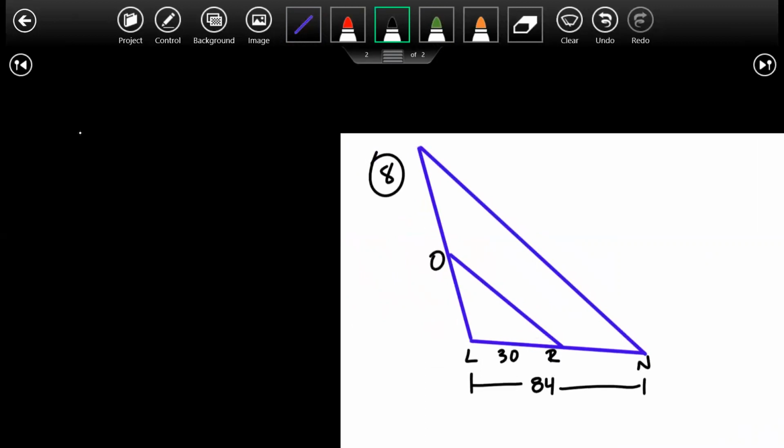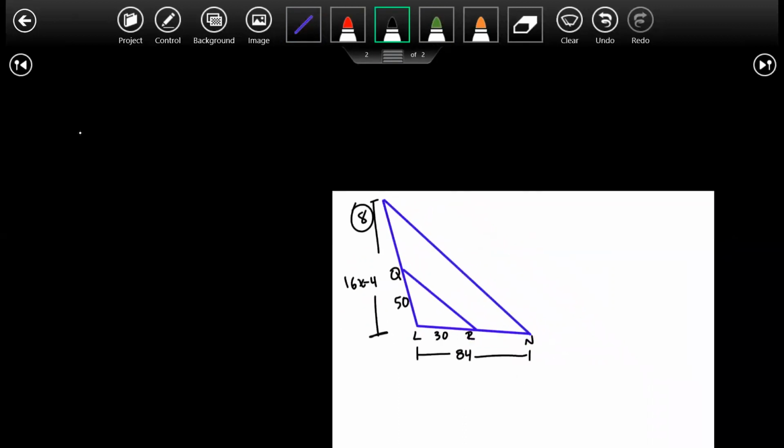This will be Q, which is at 50. And the longer side, which is going to be 16x minus 4. Basically, what we want to look at is LR over LN, LQ over, I think the top one was M, sorry, LM.